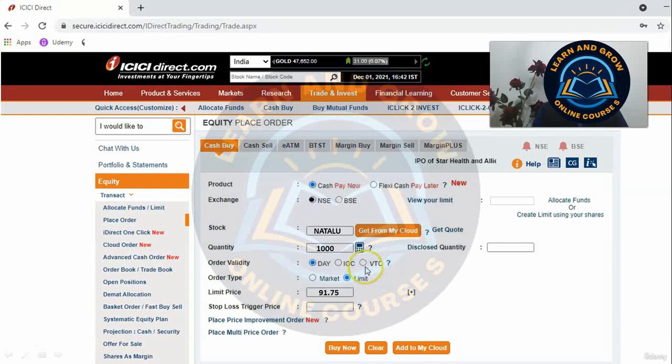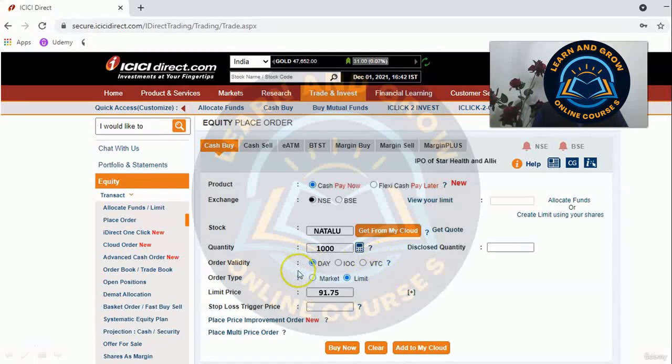If I select this and I put a price here, then my order goes to the exchange and it remains valid not only for the day, but for 30 days or till I cancel that order. That means I won't have the trouble of placing the order every day. It will remain there till it gets executed or till I cancel it.